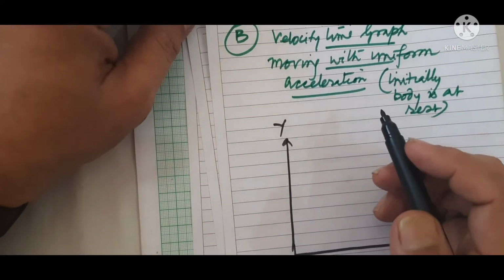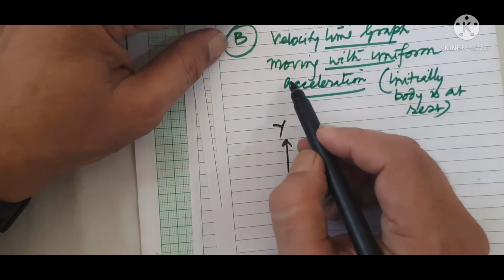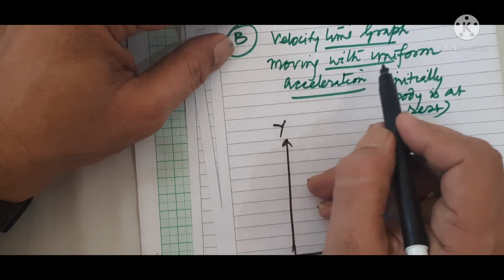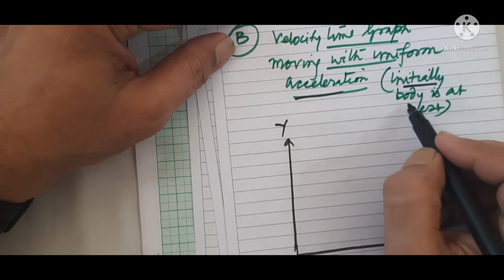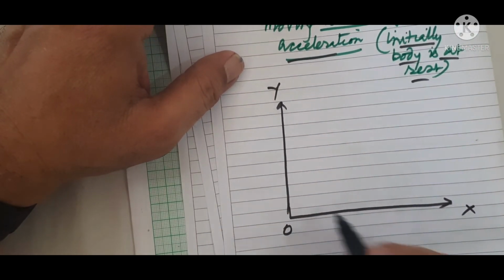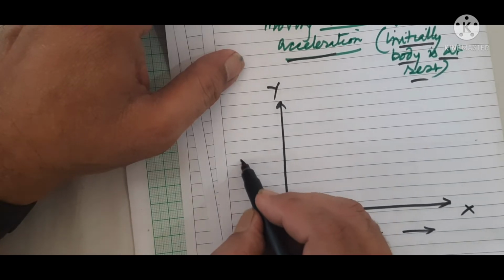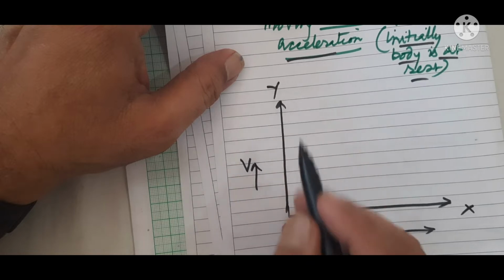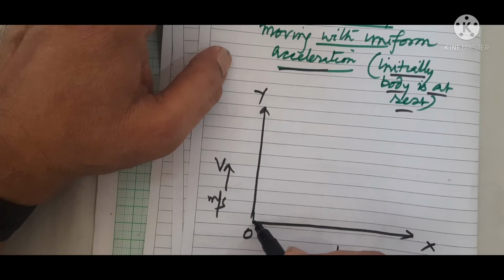Second case of the VT graph: velocity time graph for an object moving with uniform acceleration, and it is given that initially the body is at rest. Again, y-axis, x-axis; as time is independent, we are taking it along the x-axis, and velocity along the y-axis. The object is initially at rest.